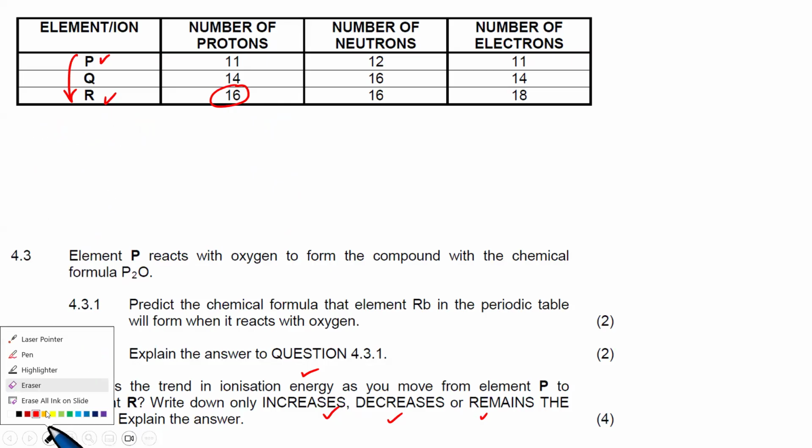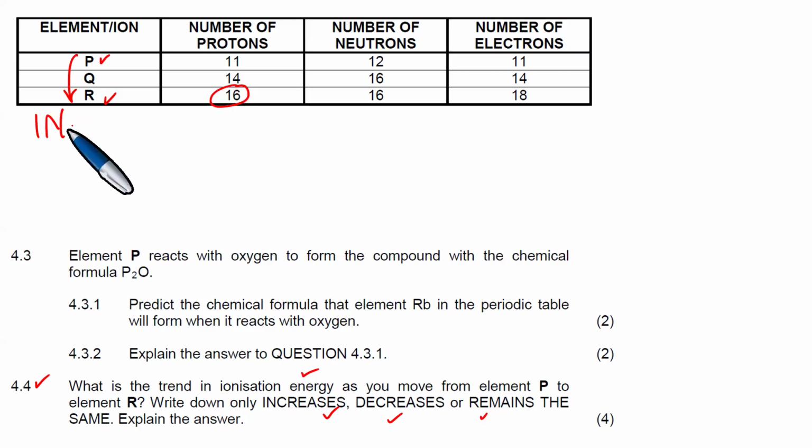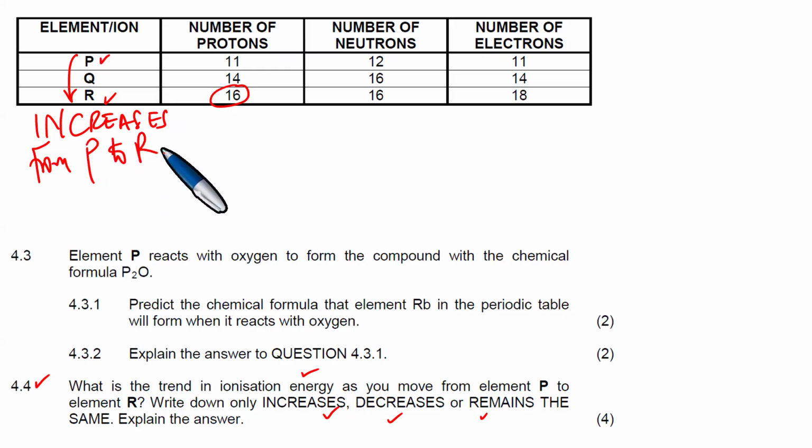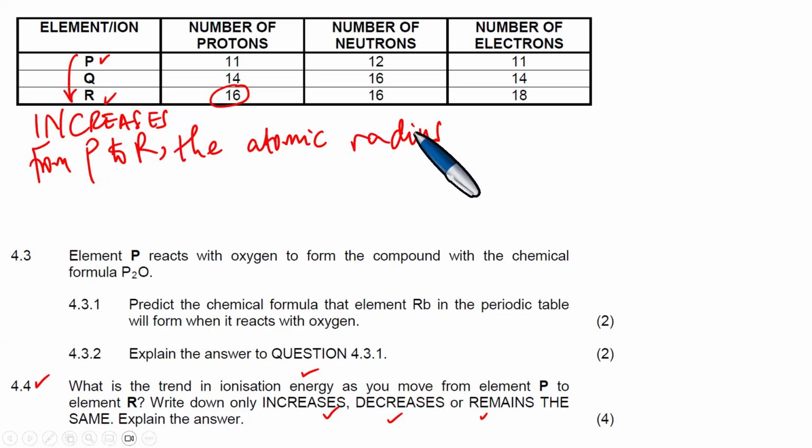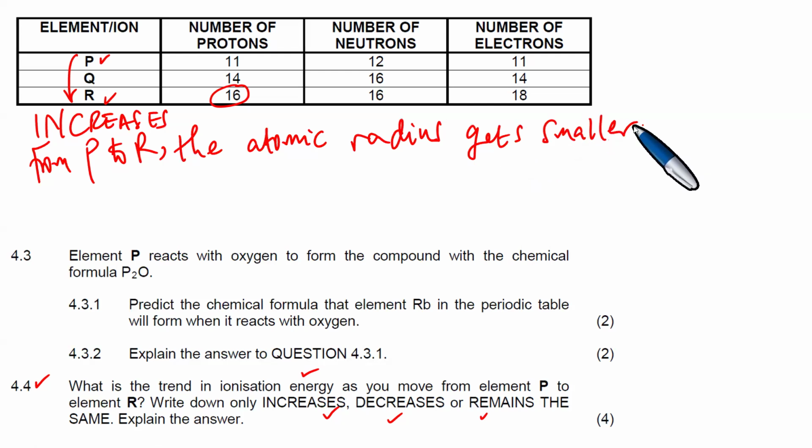But if you choose to write increases, and you explain, from P to R, the atomic radius gets smaller.